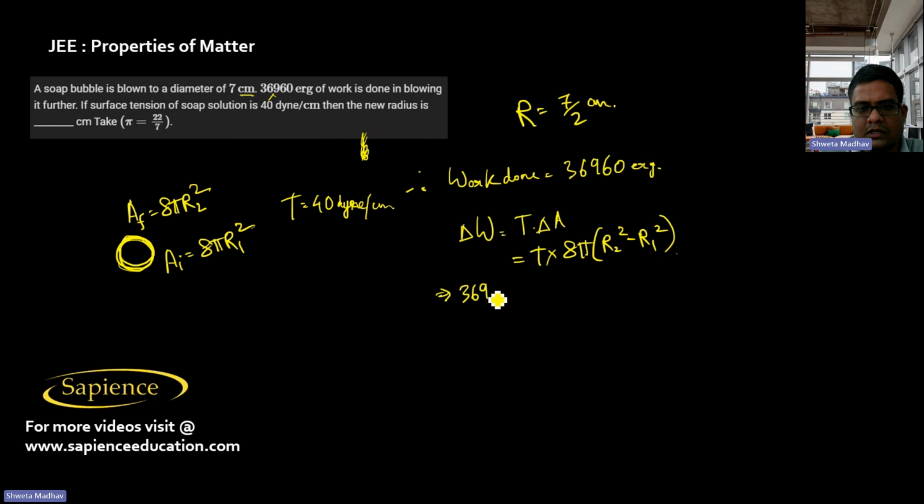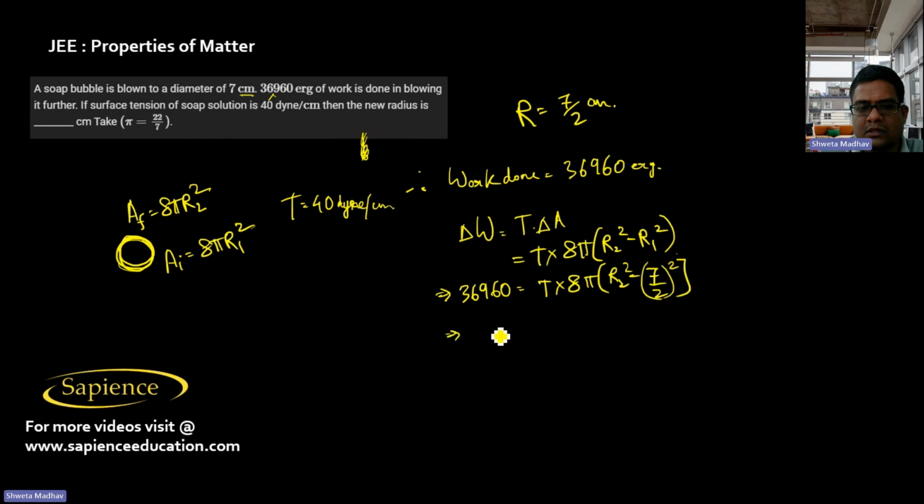Therefore 36960 is equal to T into 8 pi into r2 square minus 7 by 2 whole square.